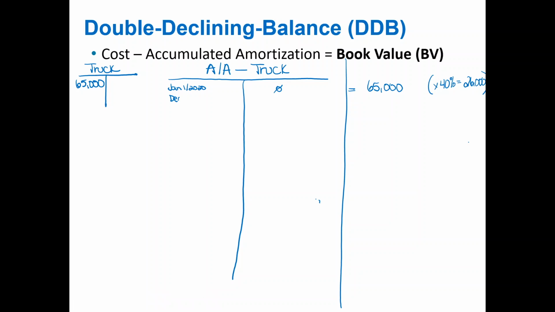At December 31st, 2020, we debit amortization expense for $26,000 and credit accumulated amortization for the truck. We can now post it to the T account. At the end of year 1, our accumulated amortization is $26,000, so our book value, the cost minus this accumulated amount, is $39,000.